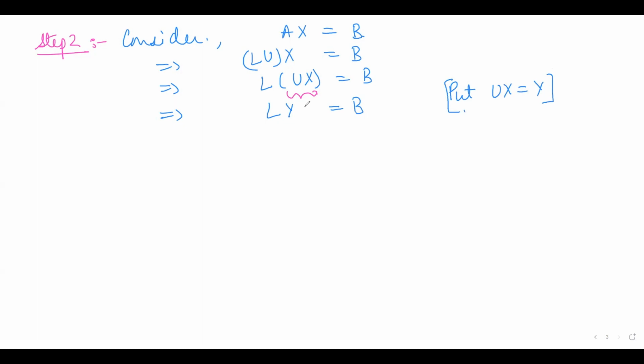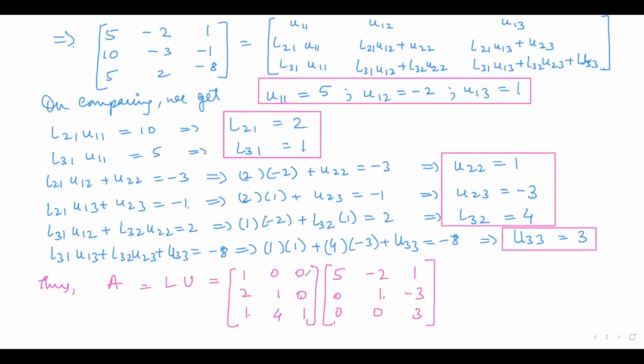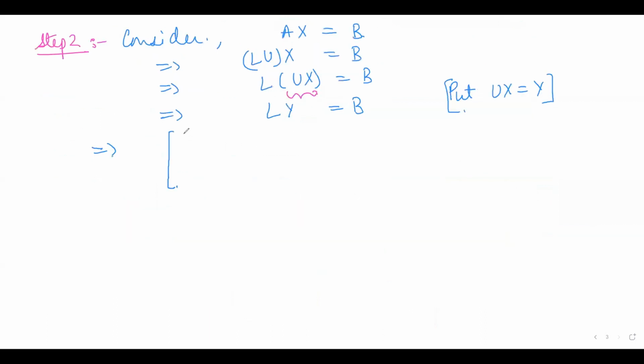Now, what is L and what would be Y? L would be what we have calculated: 1, 2, 1, 0, 1, 4, 0, 0, 1. Y would be Y1, Y2, Y3.